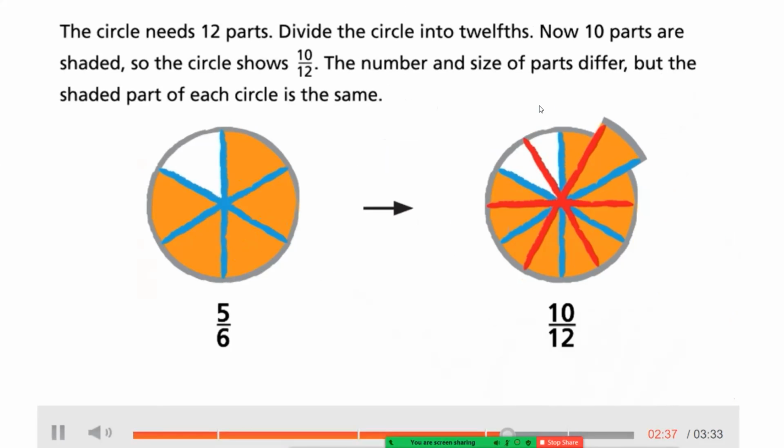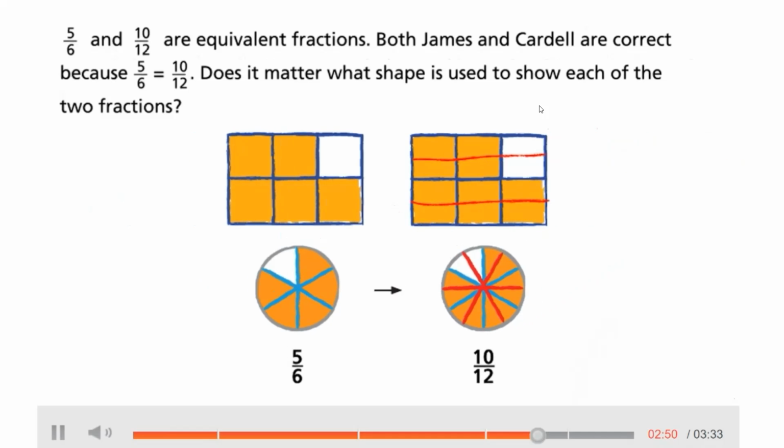Now 10 parts are shaded, so the circle shows 10/12. The number and size of parts differ, but the shaded part of each circle is the same. 5/6 and 10/12 are equivalent fractions. Both James and Cardell are correct because 5/6 equals 10/12.